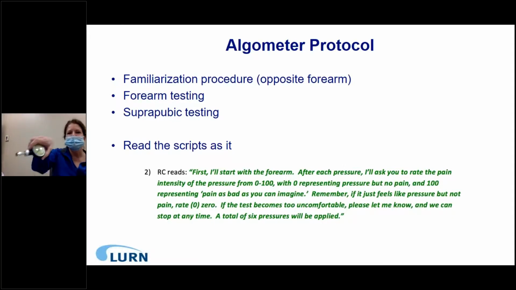And when you want to reset the device back to 0, you just hit this little button here, and then it goes back to 0. Does that make sense? Maybe you could turn it this way so they could see.